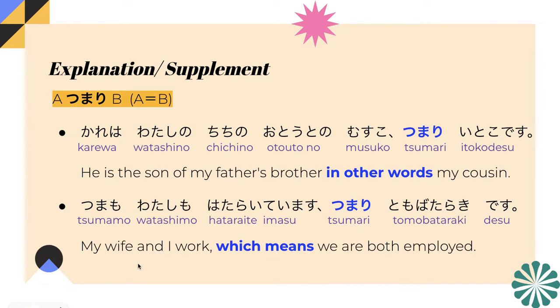If I wanted to say my wife and I work, which means we are both employed, in Japanese it will be 妻も私も働いています。つまり共働きです。 So, his wife and himself are working, which means they're both employed.